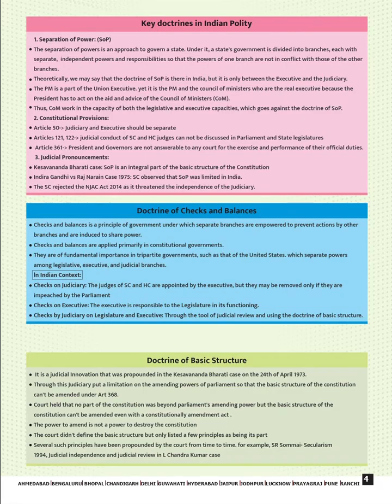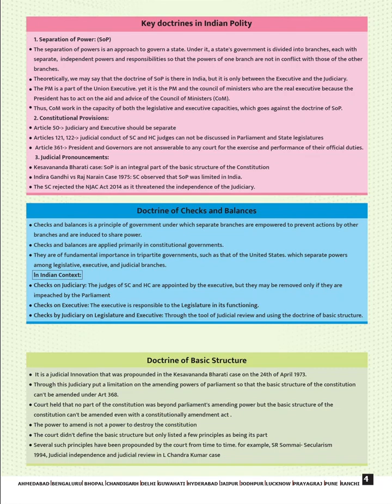Now we will discuss the doctrine of checks and balances. Checks and balances is a principle of government under which separate branches are empowered to prevent actions by the other branches and are induced to share power.